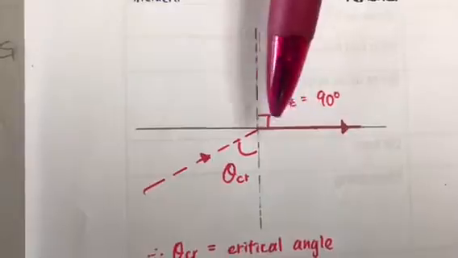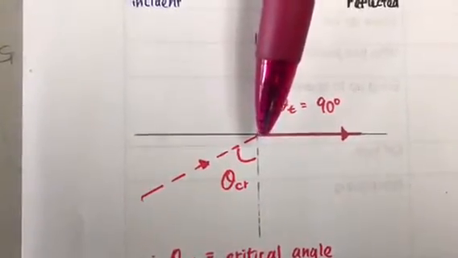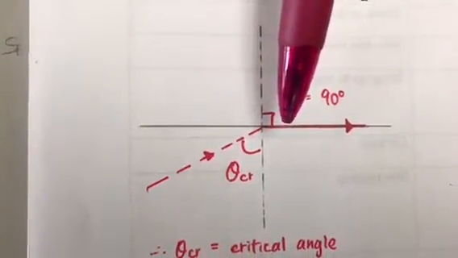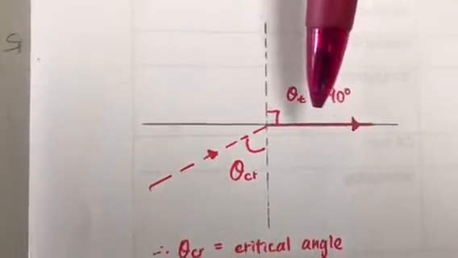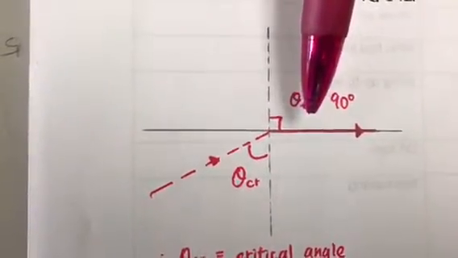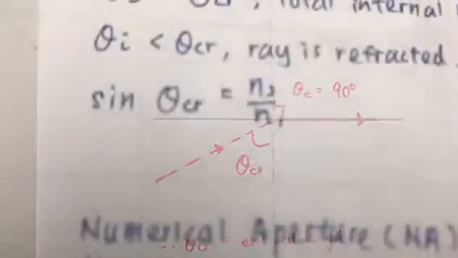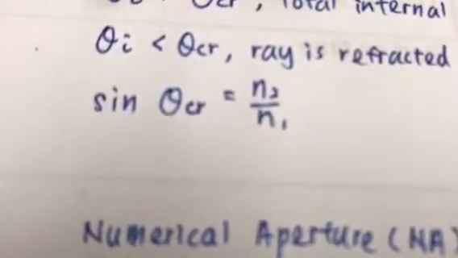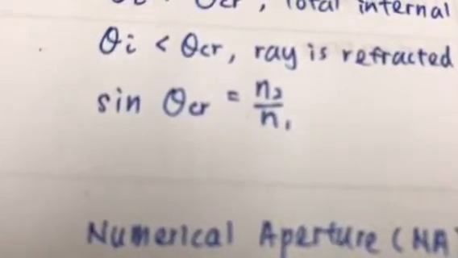When the incidence angle is less than the critical angle, the ray is transmitted and light is lost. This is the calculation for the critical angle: sine critical angle is equal to N2 over N1.